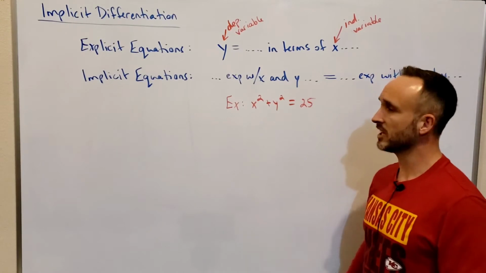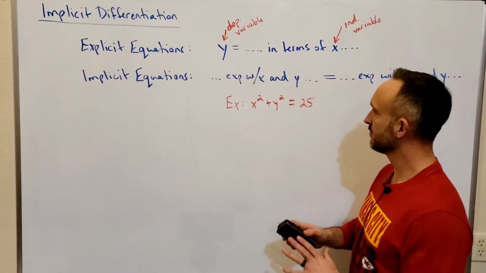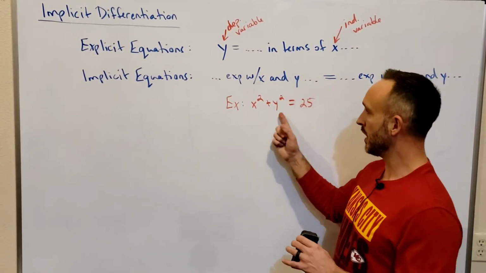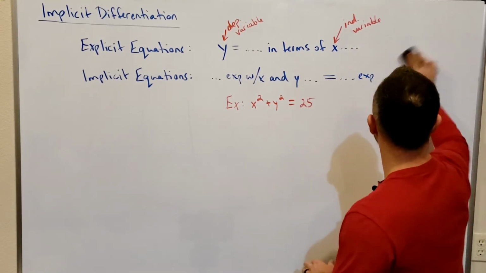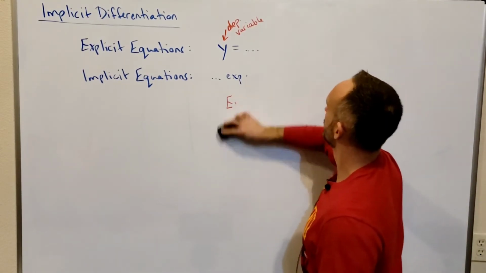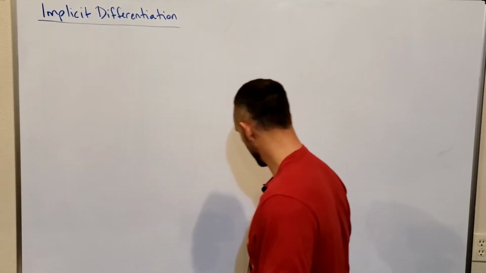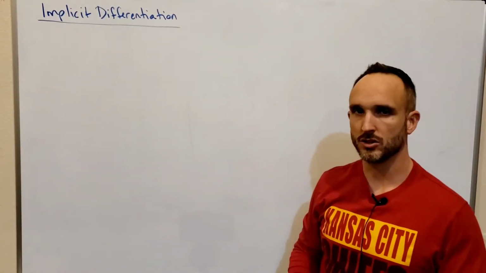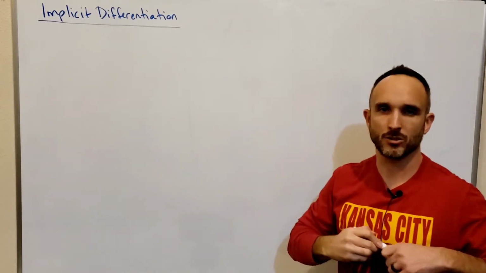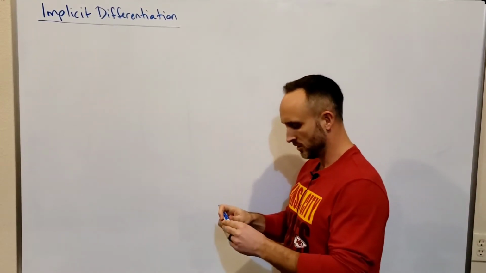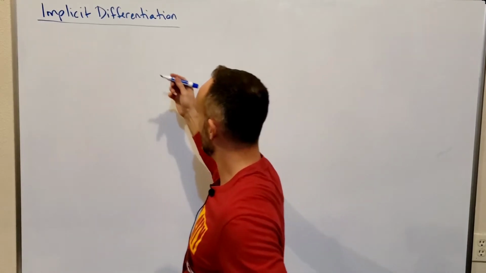Now, let's talk about differentiation of the two variables y and x. It can be a bit tricky, especially at first, because you'll tend to make particular assumptions. So let's recall some things that we already know.